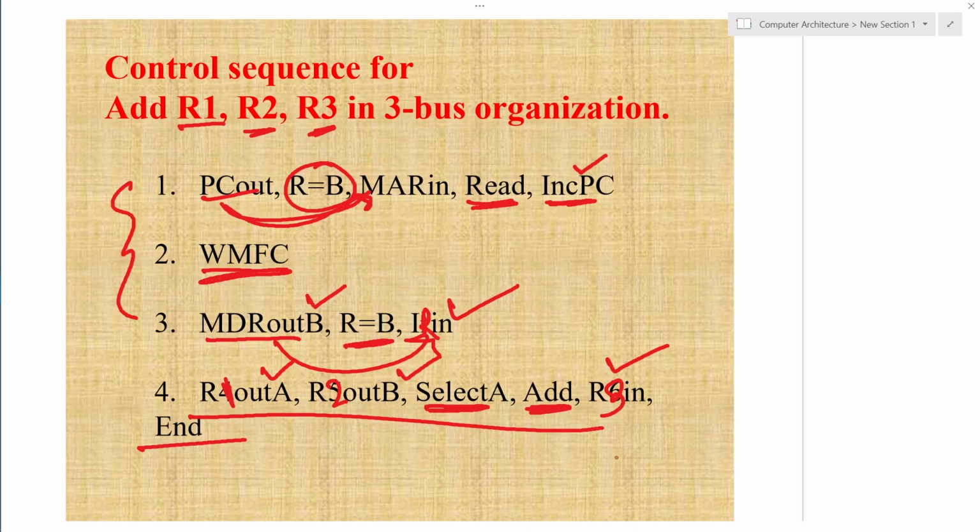So this is the basic description of the single bus and multi-bus, and almost all the processors we are using today use multi-bus, but at the same time multi-bus operation is costly and complex.